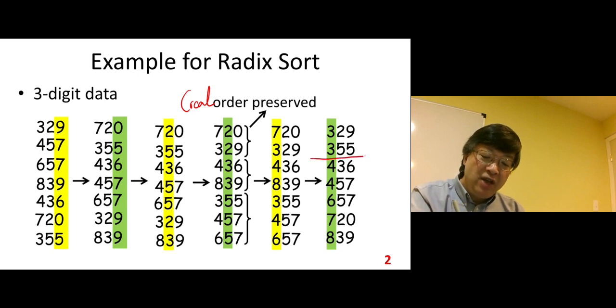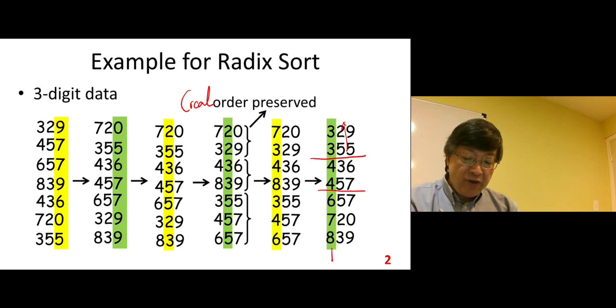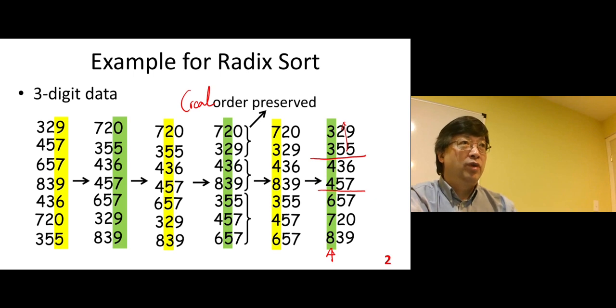Because with the same digit, it is sorted, same digit in order, and so on. If it is a different digit, the most significant digit is already enough to determine the order. So we don't need to look at the other digits.